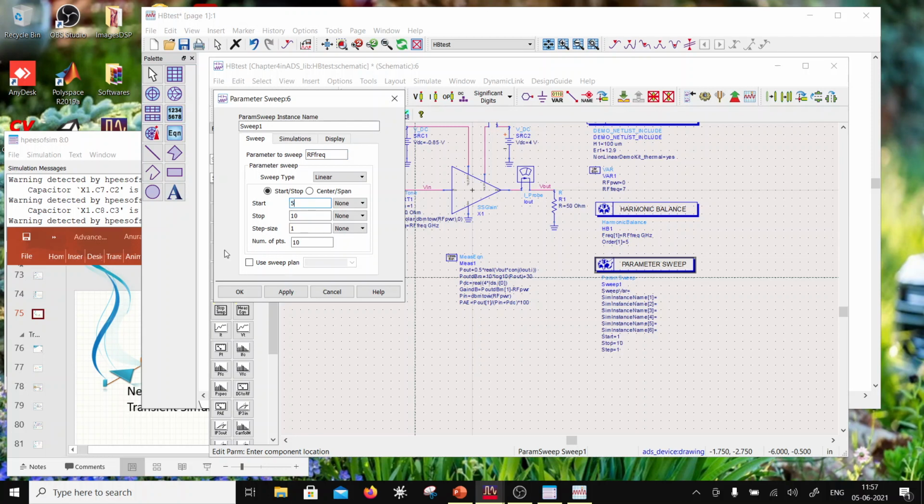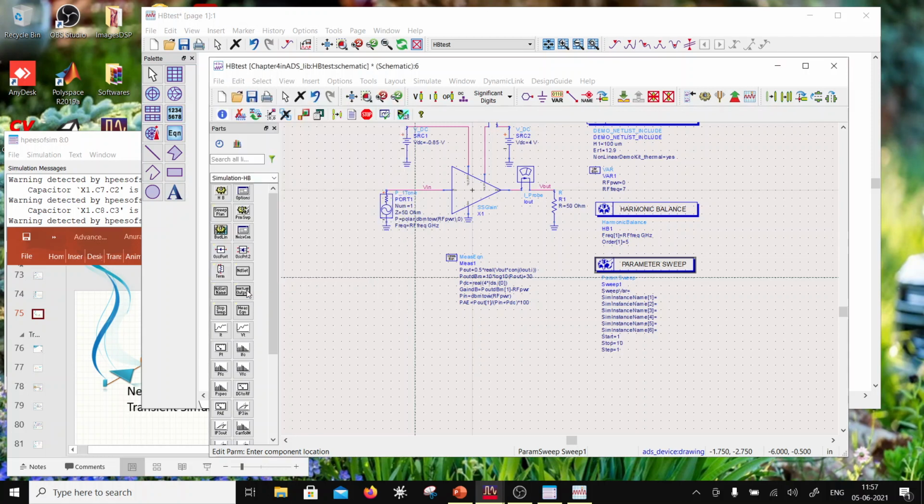So I can go from, let's say, 5.5 to, we have it up to 8.5, so we'll look at up to 7.5, and let's say we have a step size of 1, 6.5, 7.5. So there are 3 frequency points.